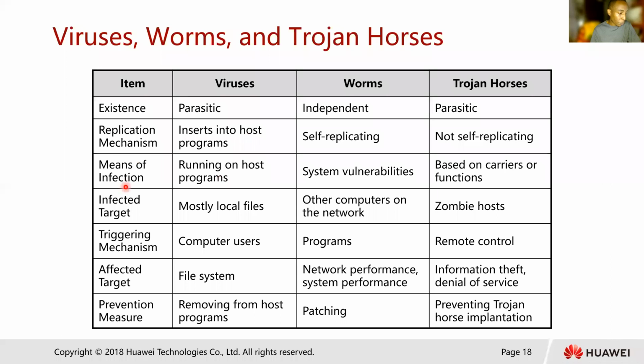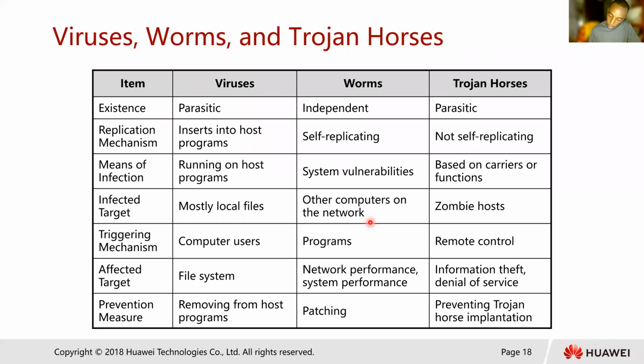Talking about replication mechanisms, a virus gets itself into host programs, worms are self-replicating, but Trojan horses are not self-replicating. In terms of infection, viruses run on host programs; worms exploit system vulnerabilities, and Trojan horses are based on carriers or functions.